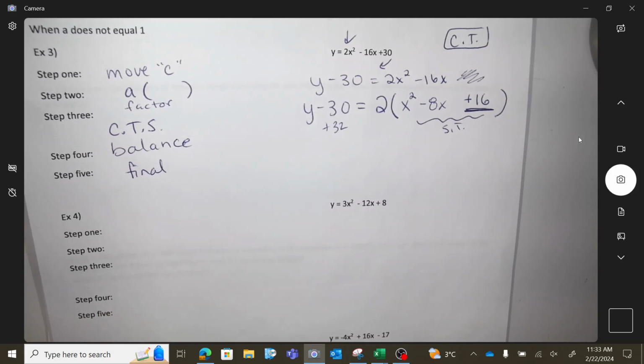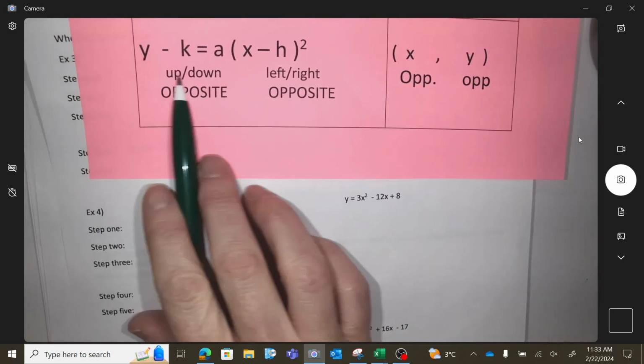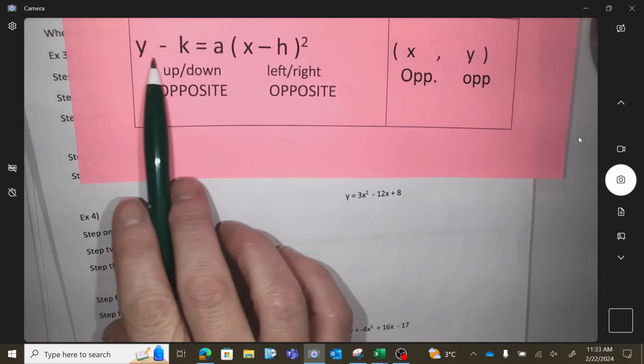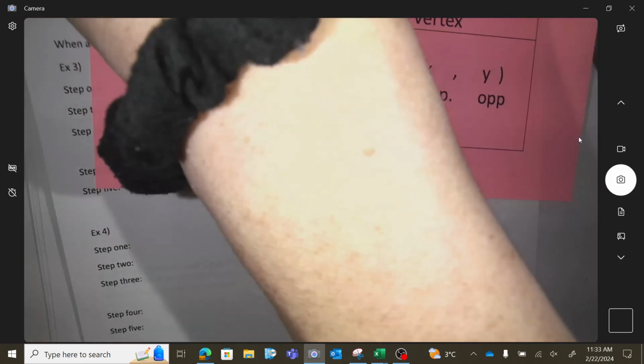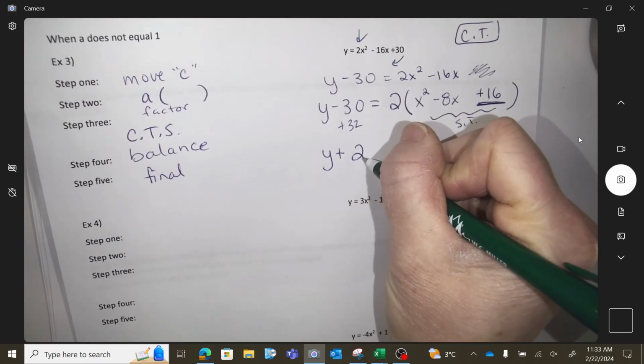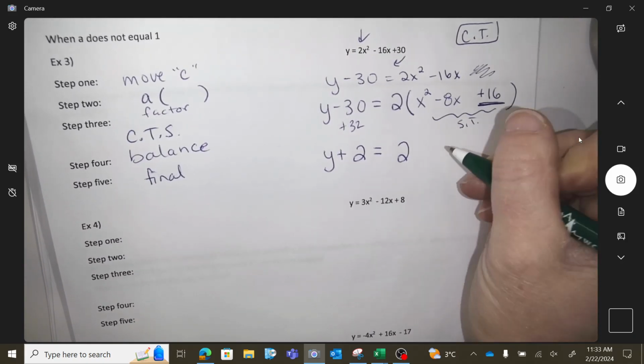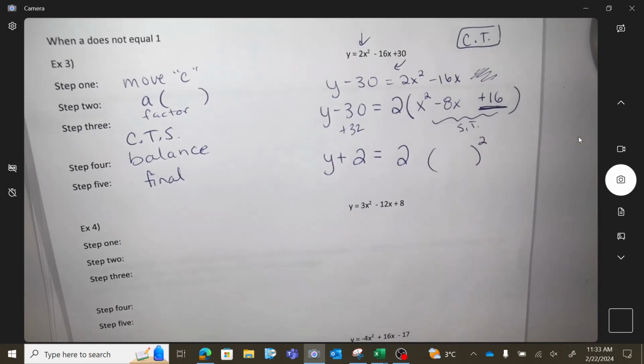Okay, so step 5, final. I need you to make it look, boom, like that. I need you to make it look exactly like this form. So this would be a y plus 2 equals 2, some kind of squared.